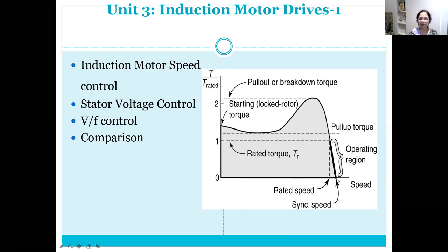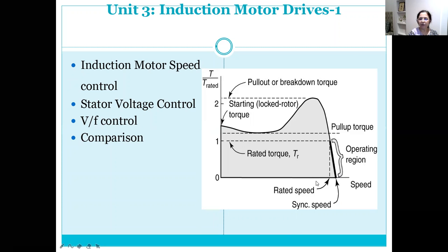The range in which the motor speed can be varied while maintaining stable operation is from this rated speed to the speed corresponding to the maximum torque condition, where the slip is Sm. We say it is the maximum slip at which the motor can still maintain stability in the linear region.